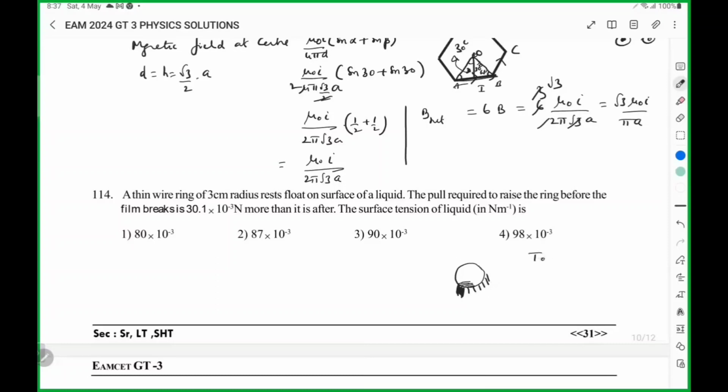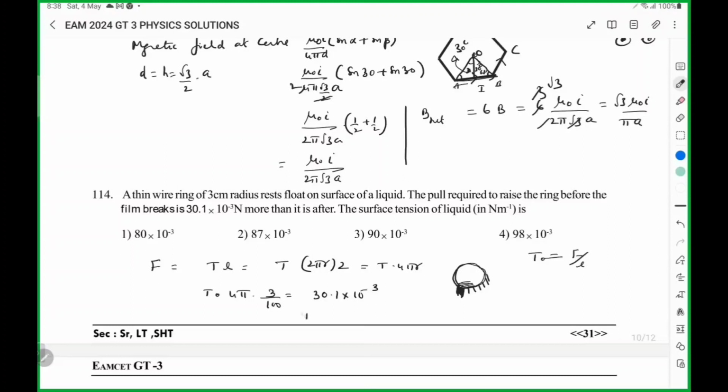So here, surface tension force into length, here T is this. So the force required is T into L. Here L means throughout the circumference, 2 pi r, since 2 layers are connected. One is inside the ring, the other is the outside surface. That is T into 4 pi r. So T is asking, 4 pi radius, 3 by 100, is equal to 30.1 into 10 power minus 3.